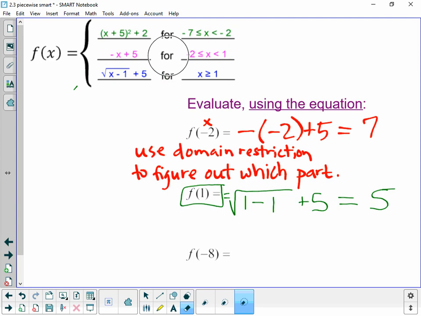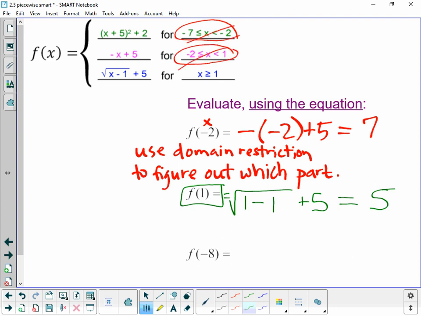One more. We want to know what is f of -8. Well, -8 is definitely not between -7 and -2. It's not between -2 and +1, and it's not bigger than +1.